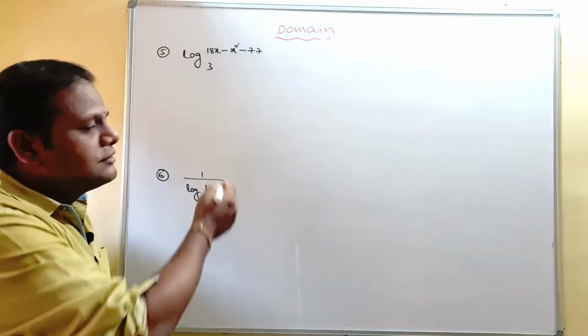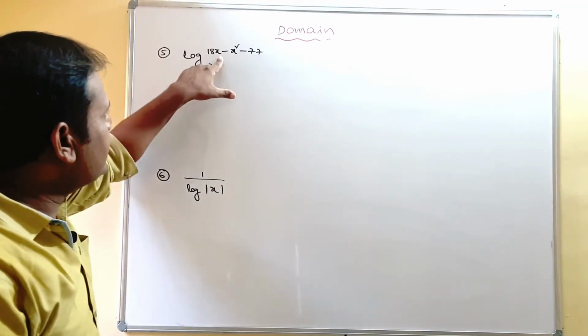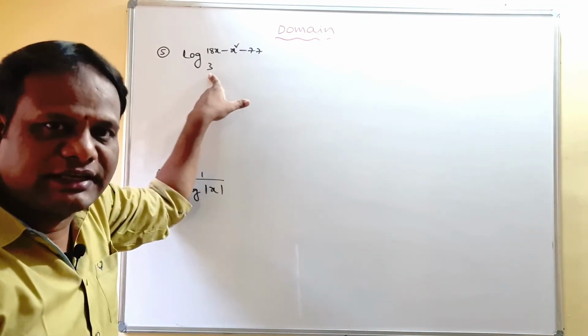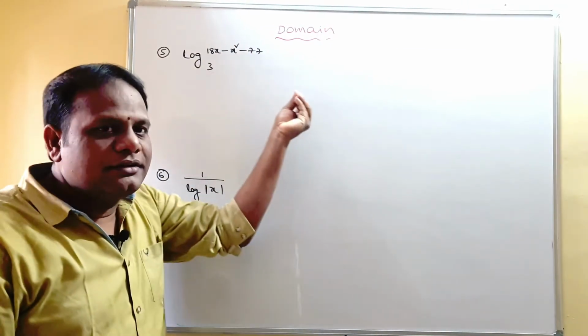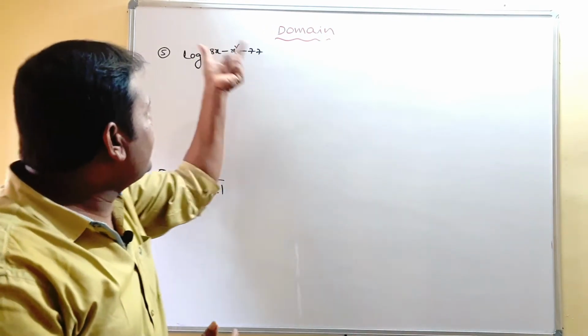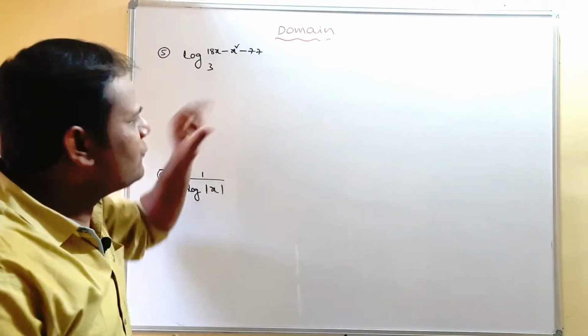Moving to next, we have to find the domain of the function log of 18x minus x square minus 77 to the base 3. See here, domain means the set of values of x where this function is defined. So it is a log function.